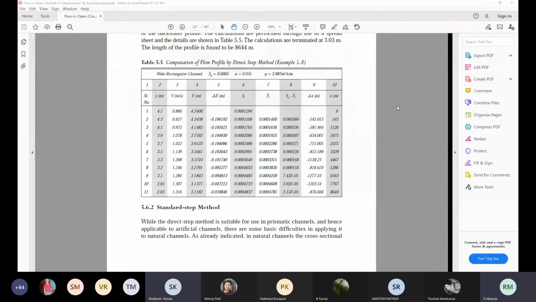What do you want? Give that out, yaar, he already gave the out. What is there? Who is talking? Any problem?